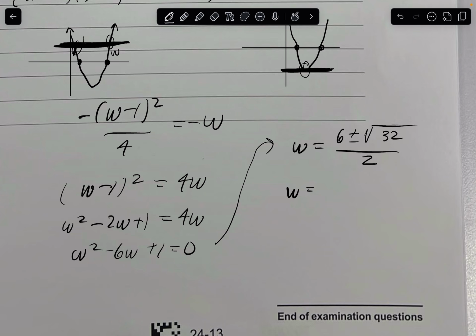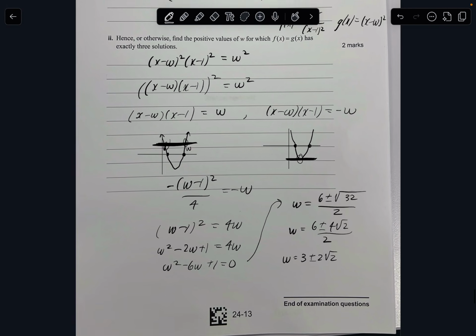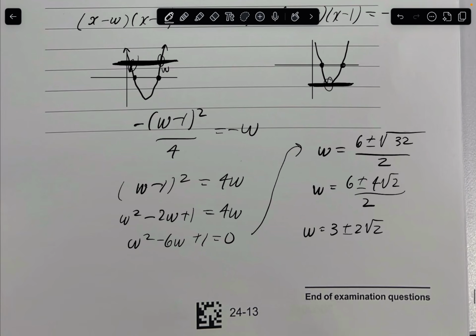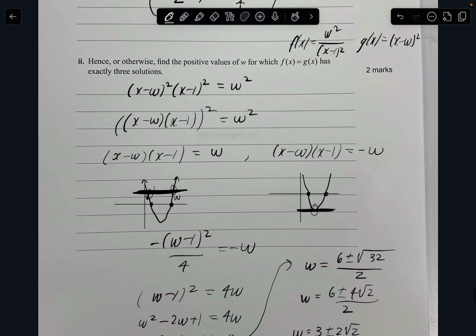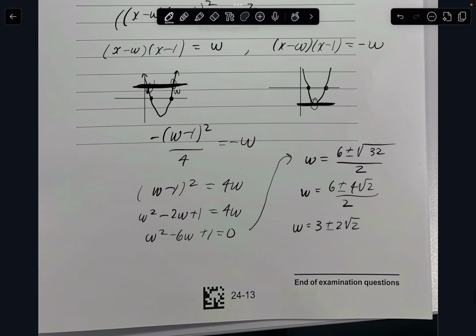You can do 16 times 2, so 4 root 2 over 2. W is equal to 3 plus or minus 2 root 2. And it says positive values, so those 2 I think would be the answers.